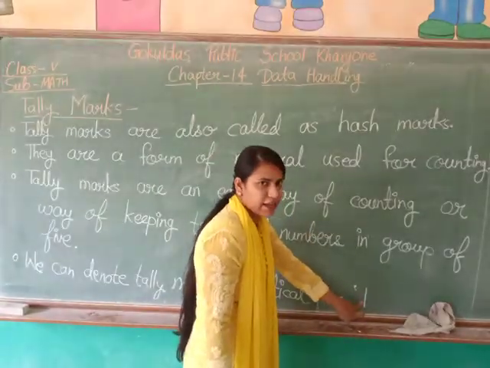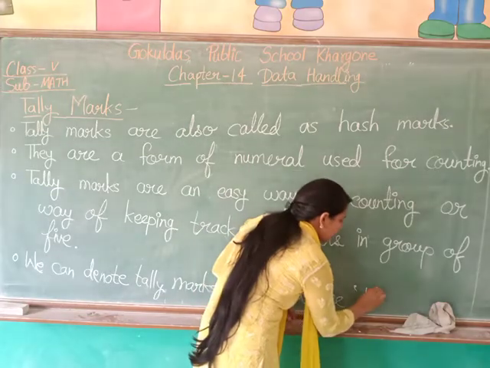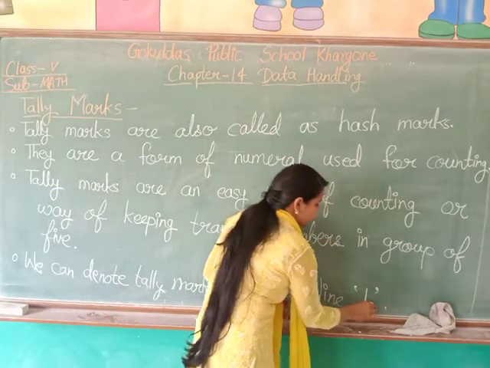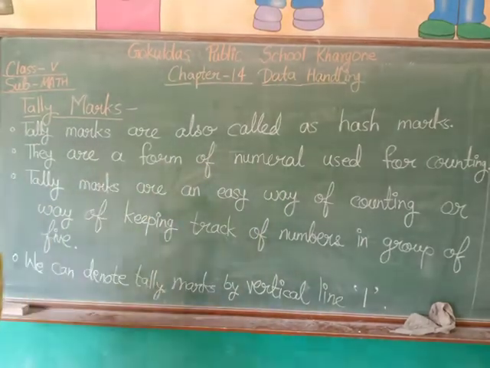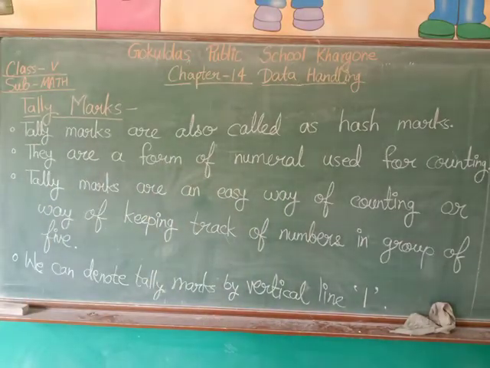It is a vertical line. By this we can denote tally mark. Okay. So it is the vertical line to denote tally mark. Note down all these 4 points.